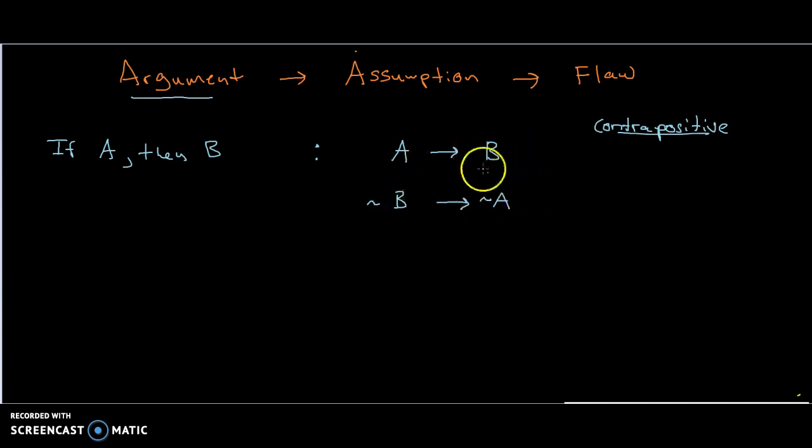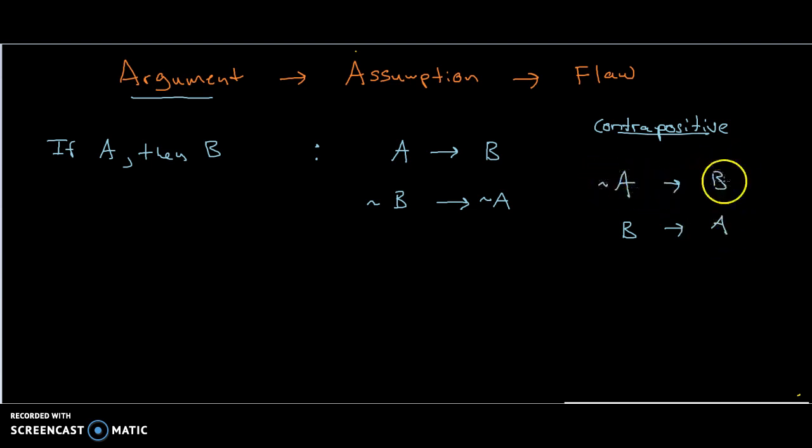That's all you have to do with the contrapositive. Switch the terms, switch the signs. Two steps. This also applies if I had started with, say, if I don't have A, so not A means I do have B. The contrapositive of that would be to switch sides, switch terms, and then switch signs. This one had negative A, so I want to make that positive.